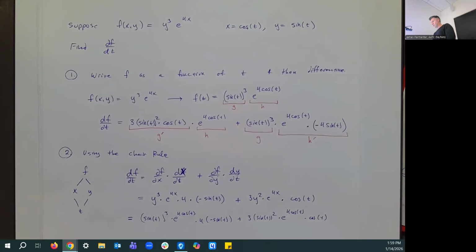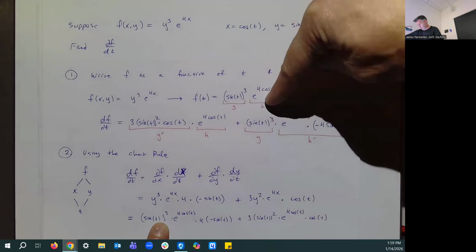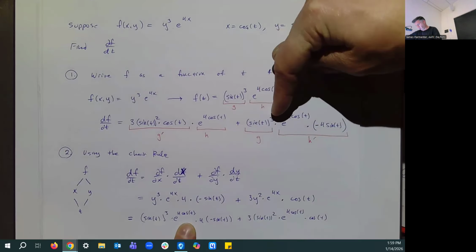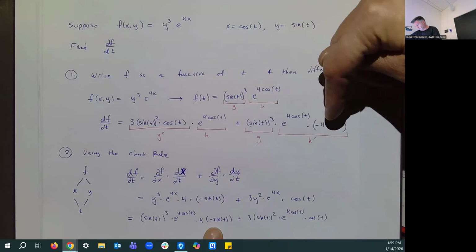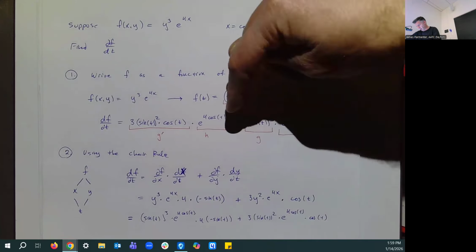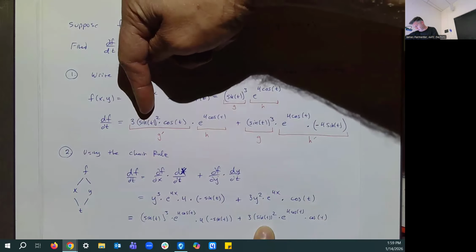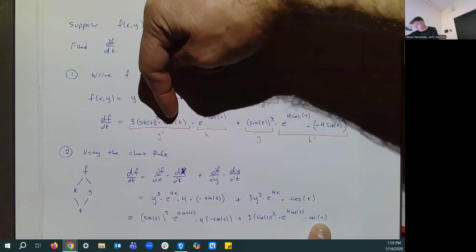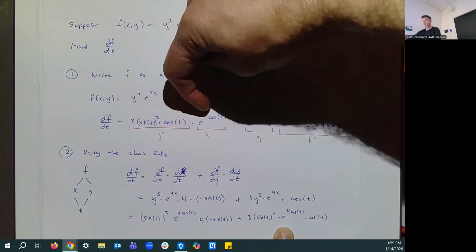And even though things are written in slightly different order, it's still the same result. I have a sine cubed times an e to the 4 cosine of t times a 4 times negative sine of t, or negative 4 sine of t, plus 3 times sine of t squared times cosine of t times e to the 4 cosine of t.